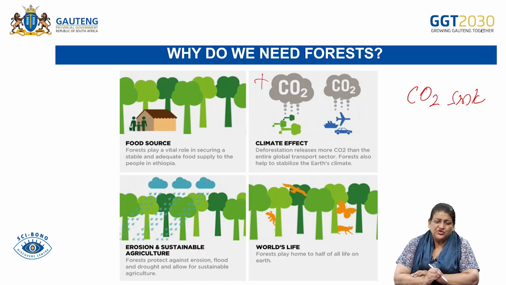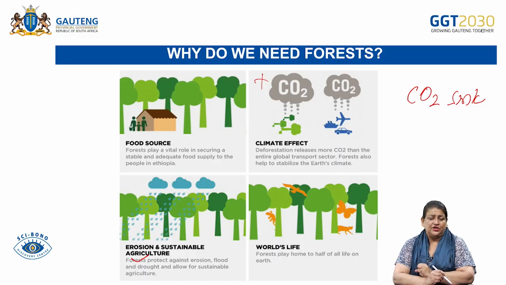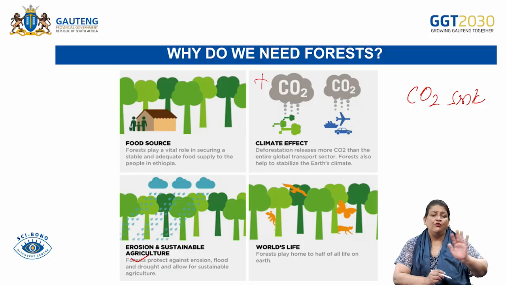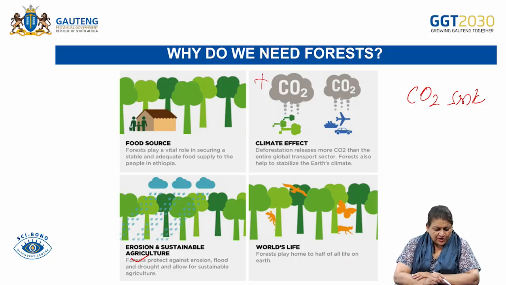The roots of the trees prevent soil erosion. So we need them for sustainable agriculture. We need soil to be fertile, to be composed on the earth, not run off into the sea. So we need that soil, right? Our trees prevent soil erosion, and sustainable agriculture means forests are protected against erosion, floods and drought.